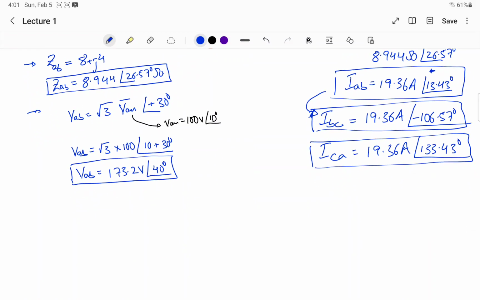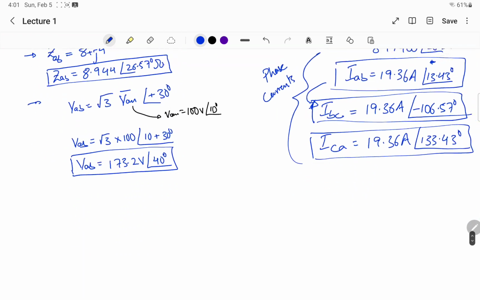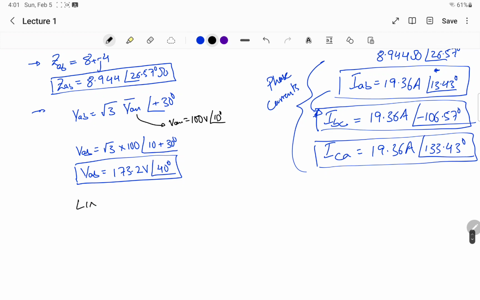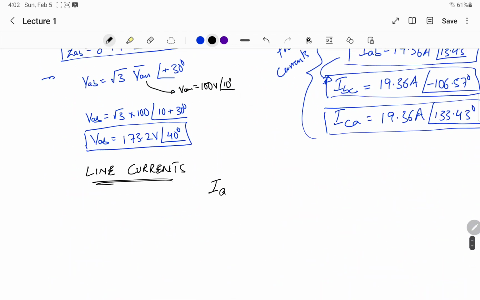the line currents formula, you know, these are the phase currents. Now to calculate the line currents, we know that IA is not equal to IAB, but there is a relationship that I have discussed previously.